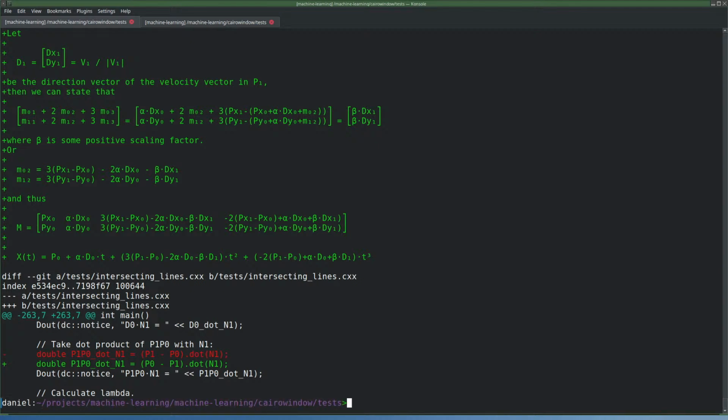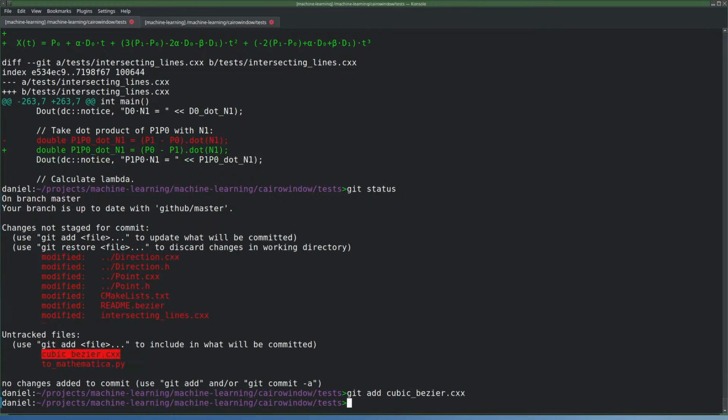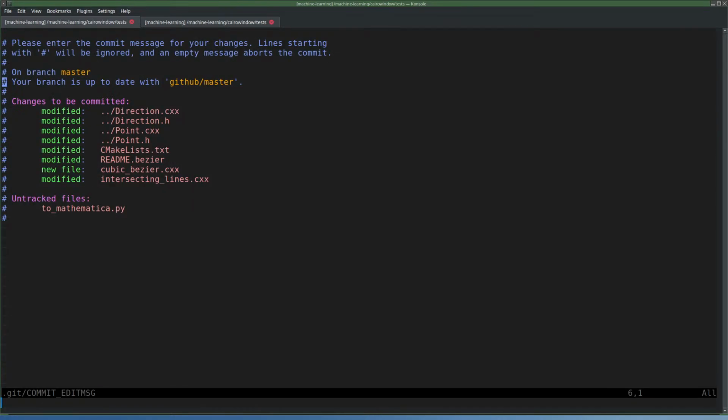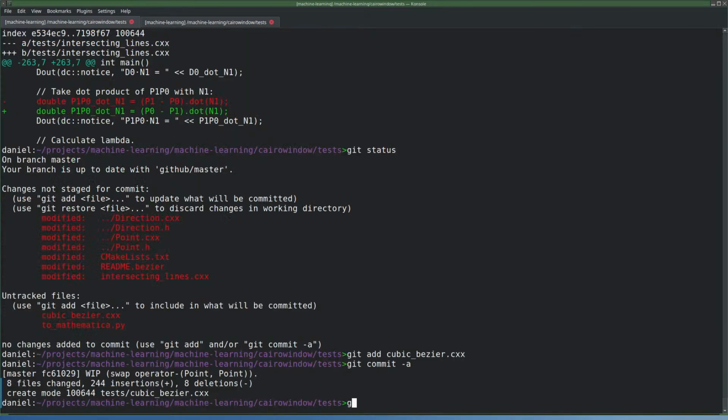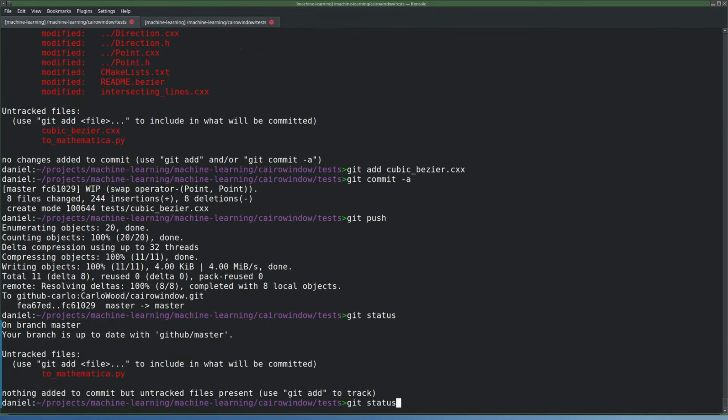That's it. Swap operator minus points, right? Clean. Now I can destroy it.